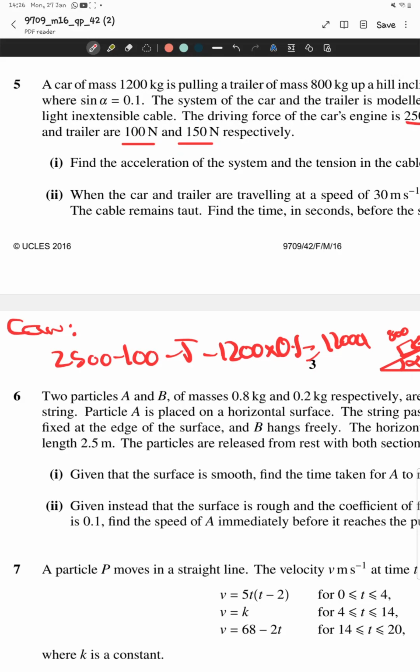So 1200 times 0.1 is 120. So this will be 2500 minus 120 minus 100.